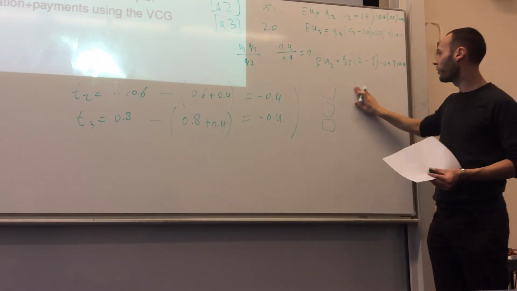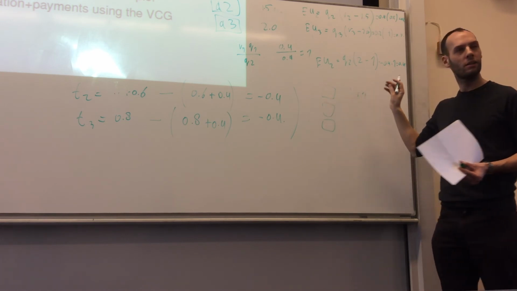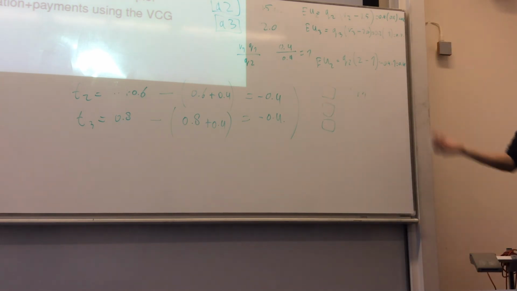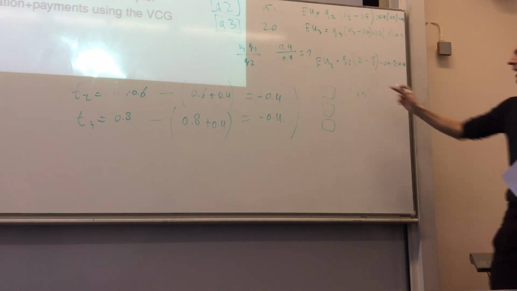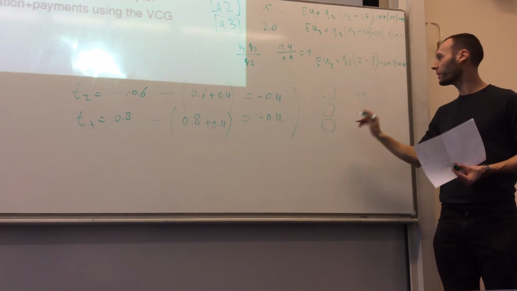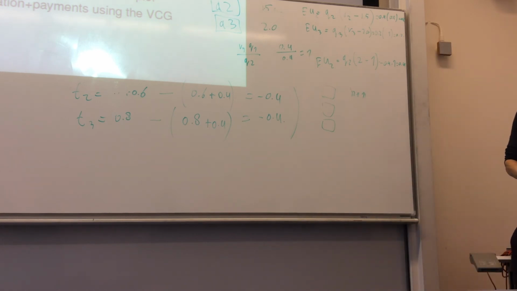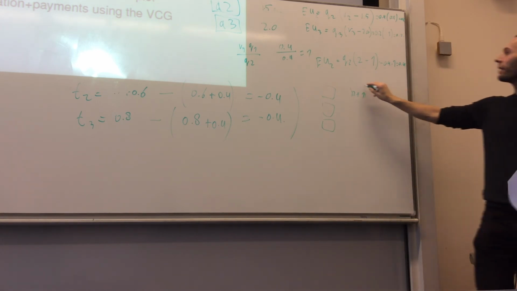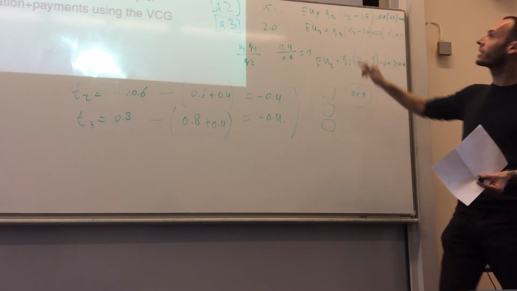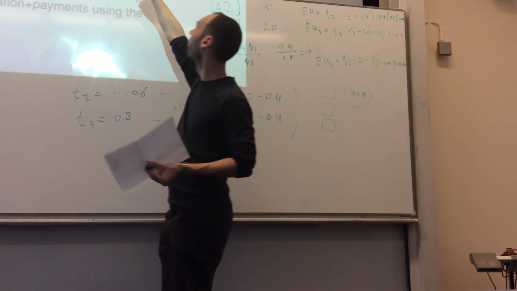So remember, if we have 1 slot, the VCG auction becomes the second price auction, right? The Vickrey auction. If we have n slots, the VCG auction becomes the n plus 1 highest price auction. Okay, and we can see that n plus 1 in this case is the expected value of bidder 1, right?